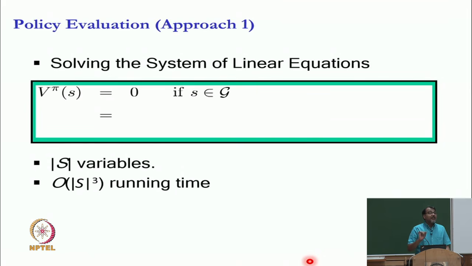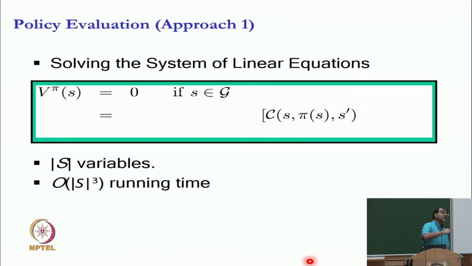C of s, comma, pi s, comma, s prime. This is important. Let us make sure we understand this. A cost function takes s, a, s prime and gives me a number. The first argument is the current state, the second argument is the action, which is pi s, the third argument is the next state, which is s prime. This is the cost I will pay right away.